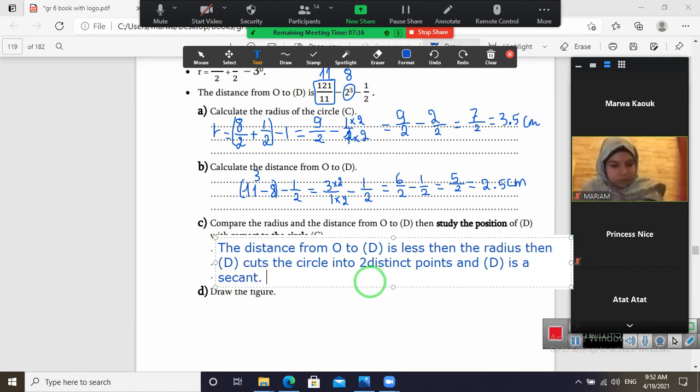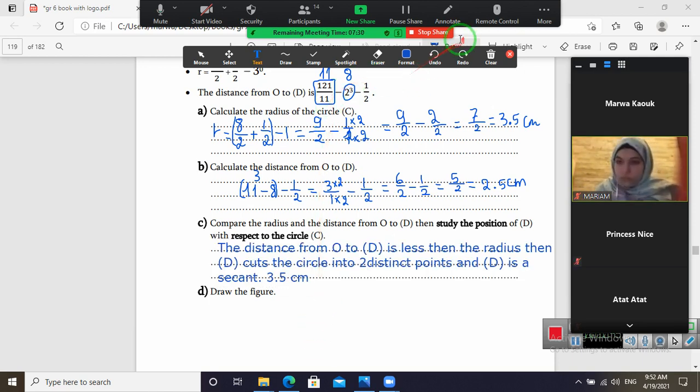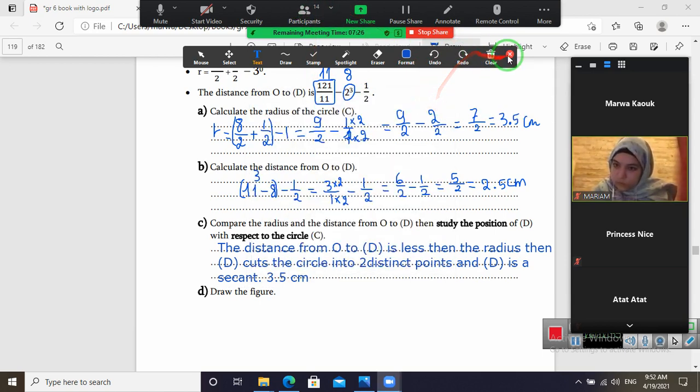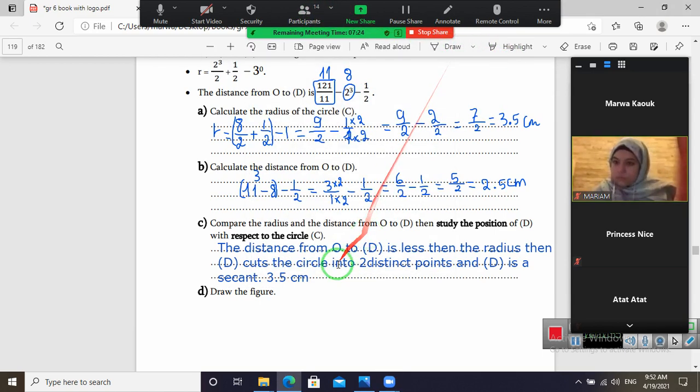You can say 3.5 centimeters is greater than what? Greater than the distance here, 2.5. Greater than 2.5. And the last part, they are asking me to draw the circle.